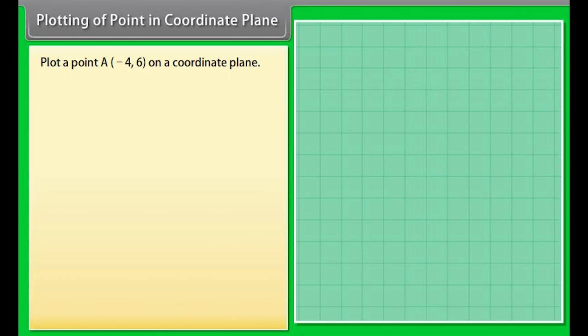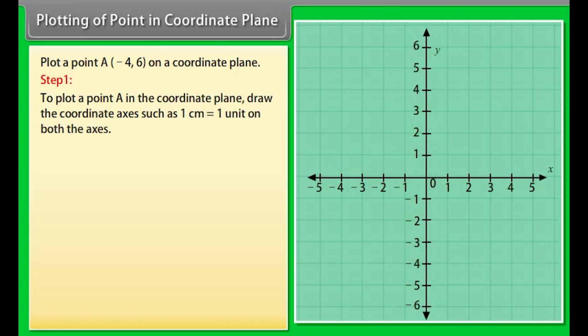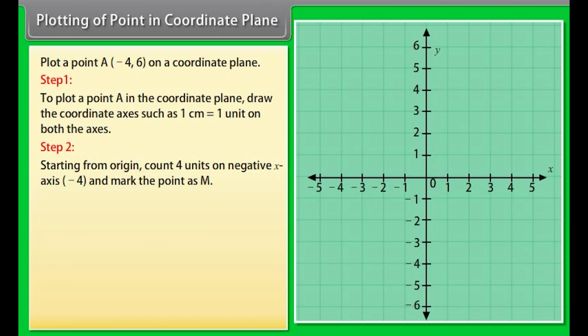Plotting of a point in the coordinate plane. Let us now learn to plot a point in the coordinate plane. Let us plot a point A (-4, 6) on a coordinate plane. Step 1. To plot a point A in the coordinate plane, draw the coordinate axes such that 1 centimeter is 1 unit on both the axes. Step 2. Starting from the origin, count 4 units on the negative x-axis, that is -4, and mark the point as M. Step 3.